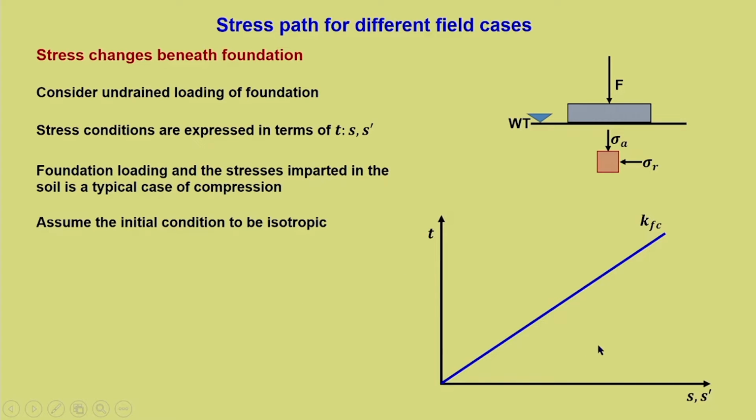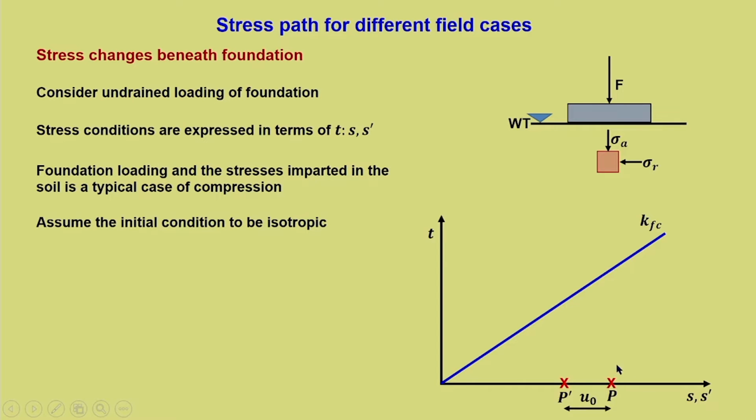So, on this t-s-s dash plot, since this condition is invoked, we know that the starting point will be on the s-s dash axis. Let P be the total stress point, and if there is an initial pore water pressure of u naught, the effective stress point will be at P dash.